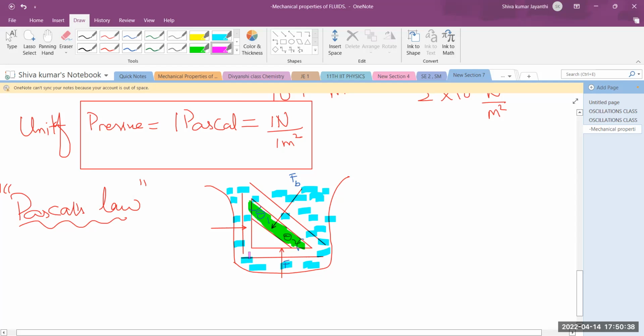Pink color surface, and yellow color surface. Three surfaces itself. So F due to B, the green color surface, and the pink color surface, force due to A surface. Force on A surface, force on C surface. So let us find out the different forces. All are different forces. FA is not equal to FB is not equal to FC.